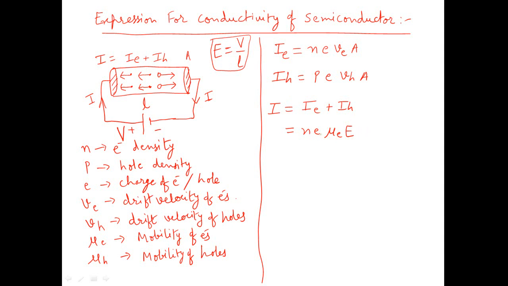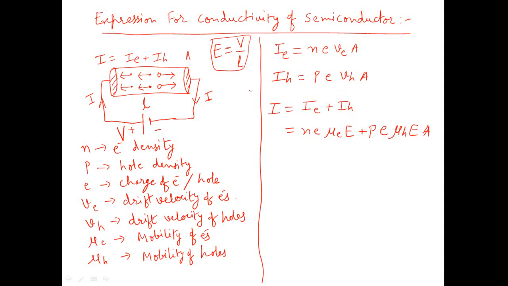So it will be n e mu E E, plus similarly now I can write for IH as p e, and instead of vH, where vH is the drift velocity acquired by the holes, I can write mu H E A.